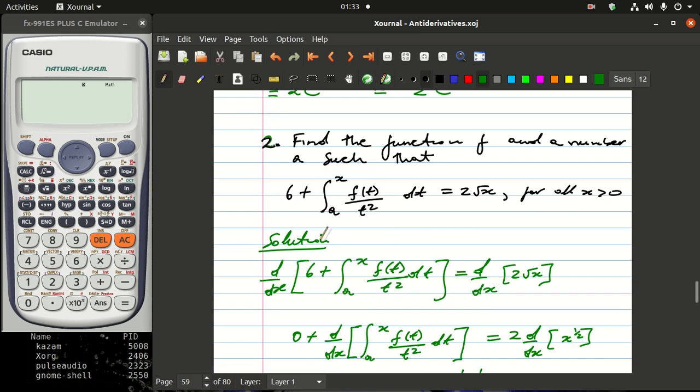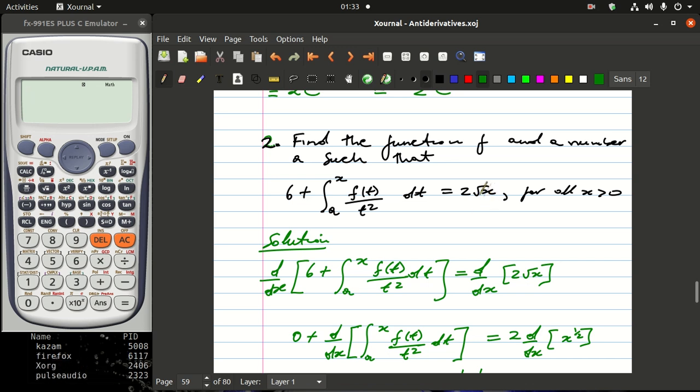A quick recap: we wanted to find the function f and the number a such that this happens, but now to solve for this, we found out that we have integration. So when we are having this integral and want to solve for that, we need to remove the integral by taking the derivative throughout. But what is the independent variable?